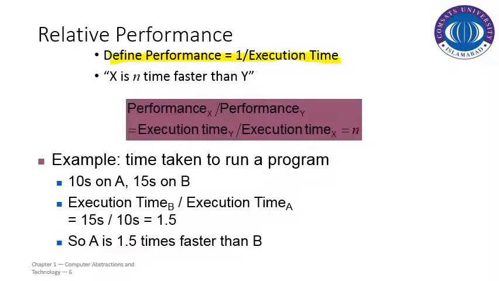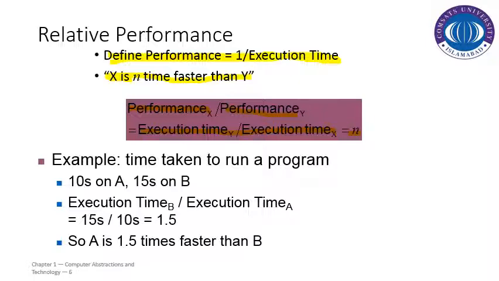And we can say that x is n times faster than y. If we claim that system x is n times faster, n is a metric that defines how much faster this system is than the other system. So we are comparing the performance of the x system with the performance of the y system: performance of x divided by performance of y. In terms of execution time, if performance is equal to 1 over execution time, we can say that execution time of y divided by execution time of x equals n.